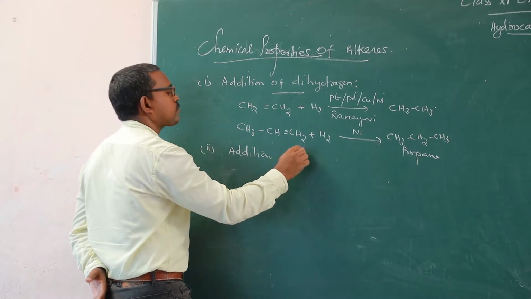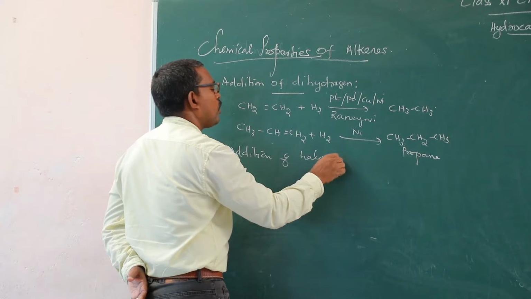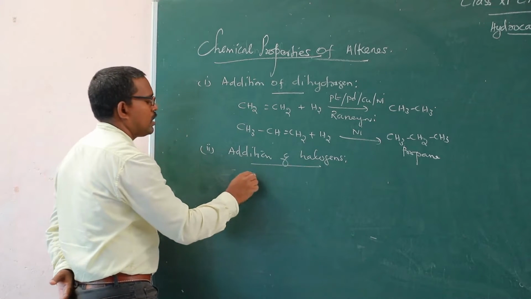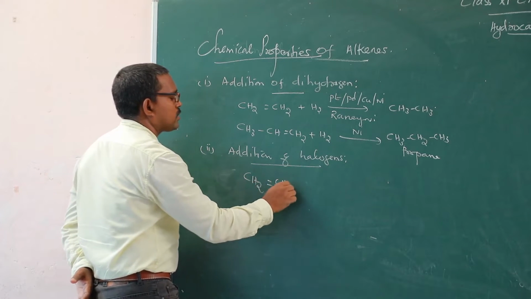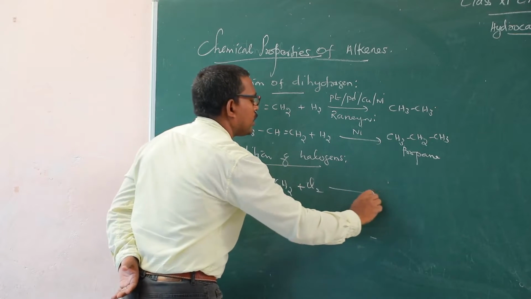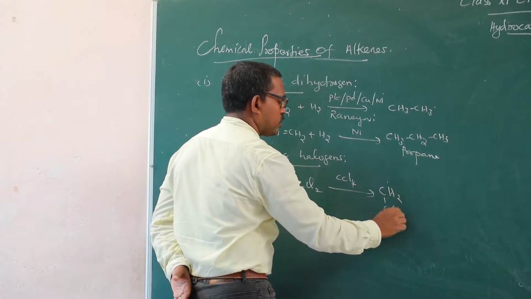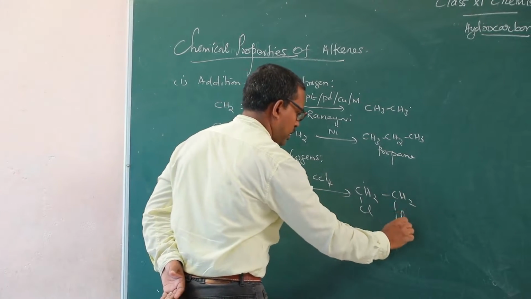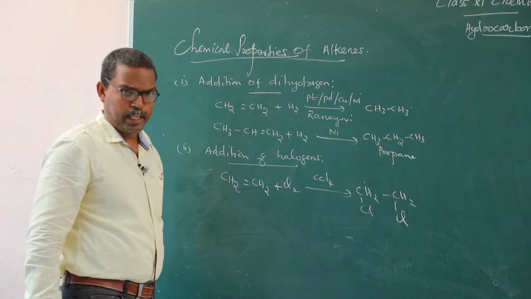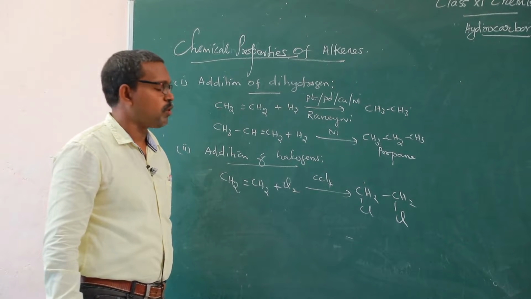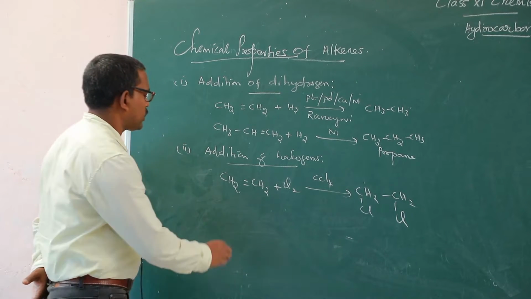Second method, addition of halogens. Ethylene reacts with chlorine in the presence of carbon tetrachloride and gives CH2Cl-CH2Cl, 1,2-dichloroethane as the product.